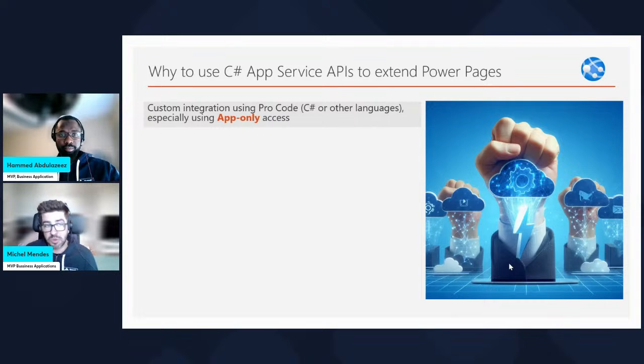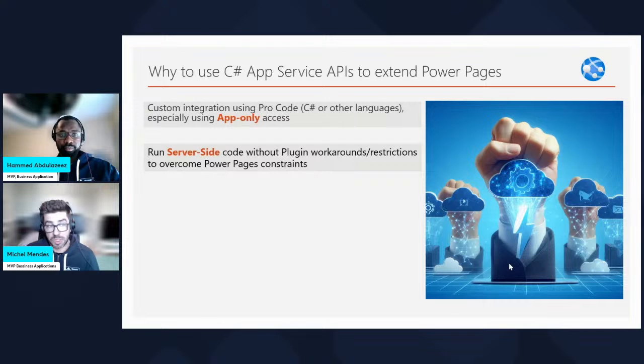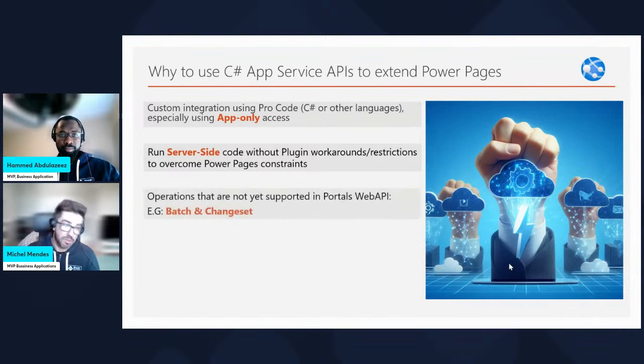So, for example, you could create an API that connects to SharePoint using app-only access. That's something you cannot do easily with Power Automate, right? You can run server-side code from Power Pages, as I said, without having to do plugin workarounds or restrictions to overcome Power Pages constraints. And an important thing I mentioned, if you want to use an API to run SDK calls to Dataverse, you can do those calls that are not supported out of the box in the Power Pages Web API.